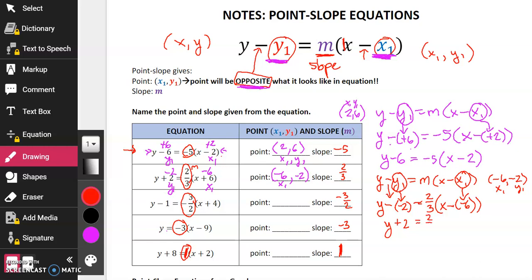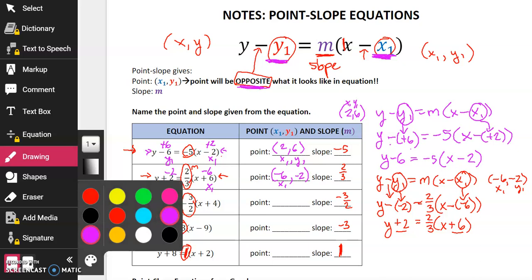Look, that's where we get the left side, y plus 2. On the other side, x minus negative 6 is the same as adding 6. That's where we get the x plus 6. So our point was negative 6, negative 2, but in the equation, it looks like positive 6 and positive 2. Opposite of what you see. The equation's lying to you. It's manipulating you. Don't fall for it, okay?